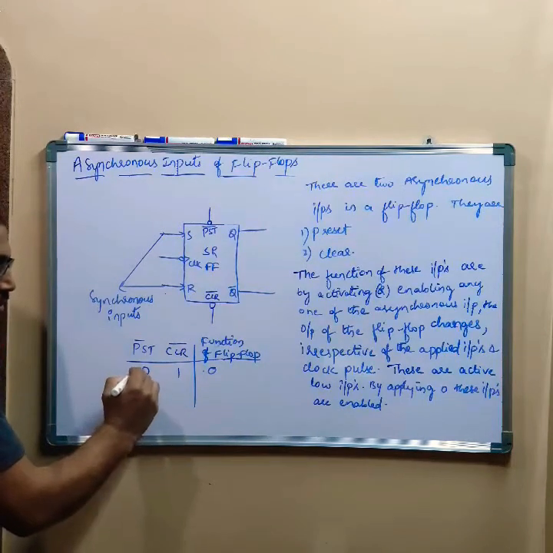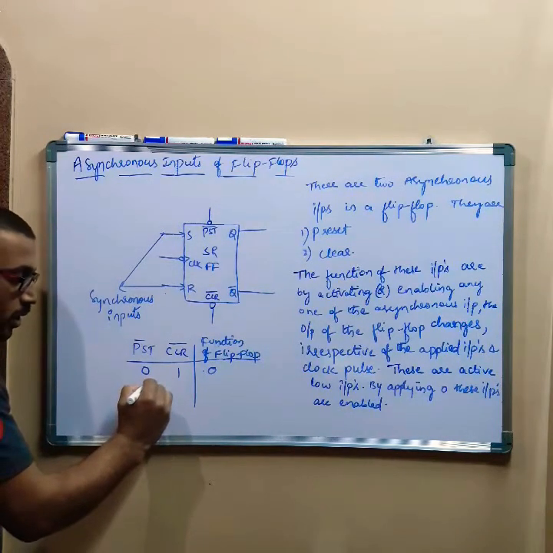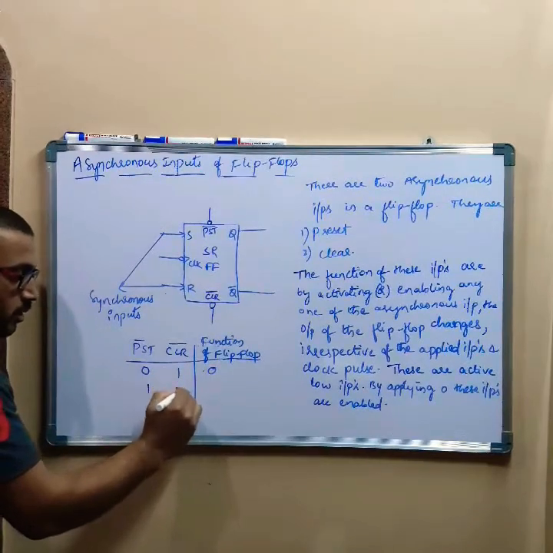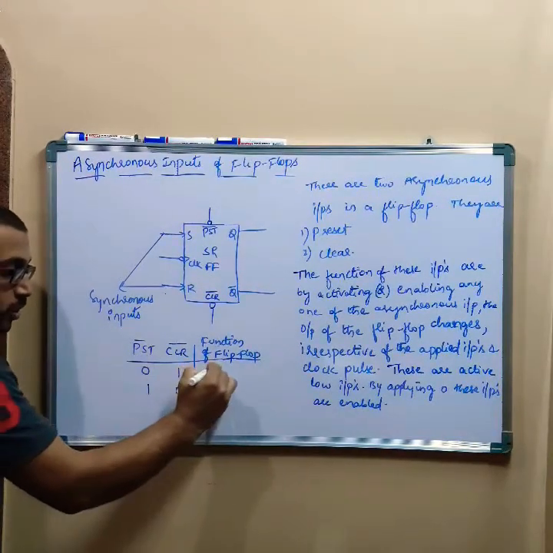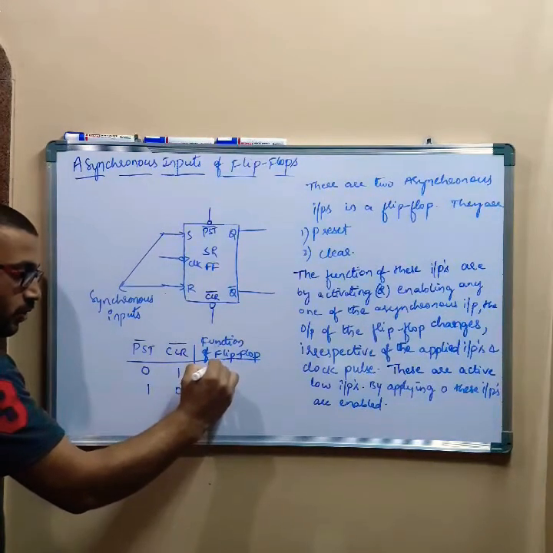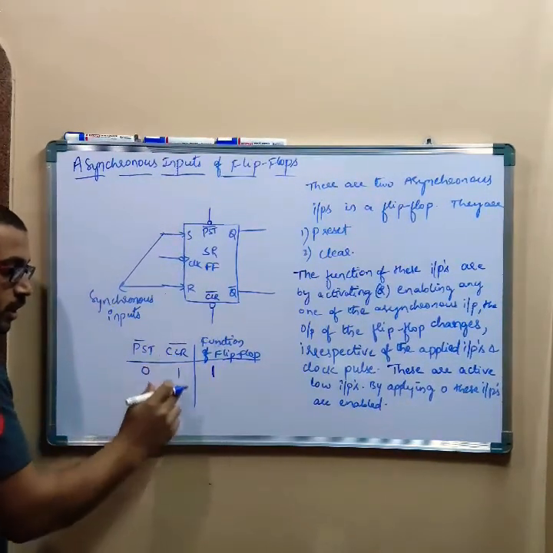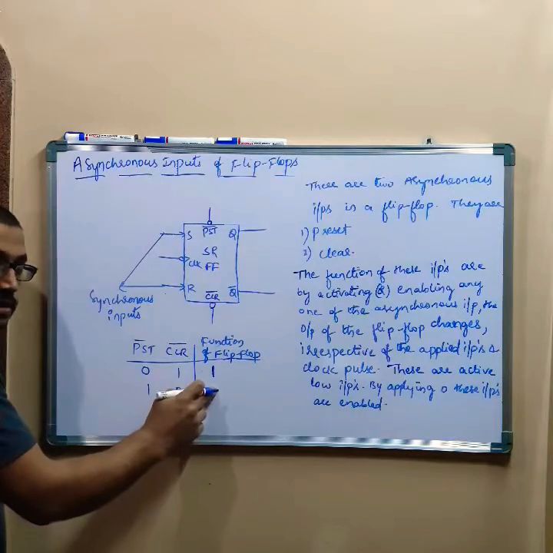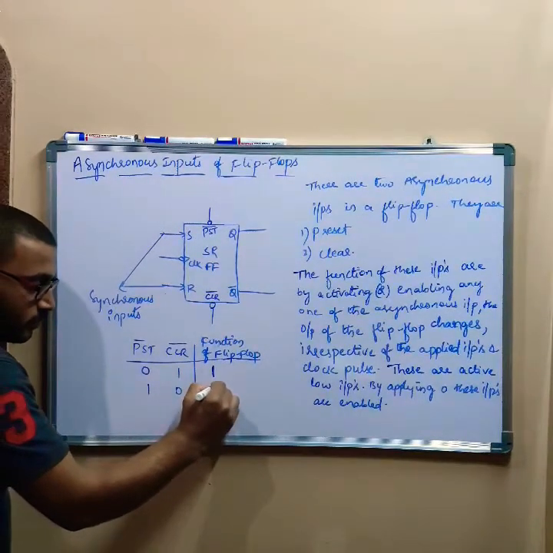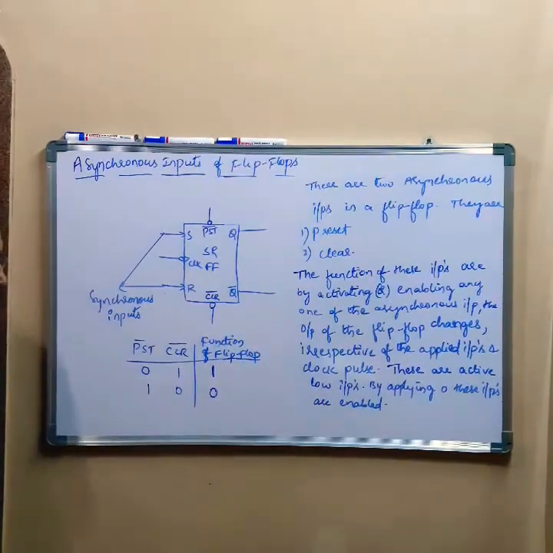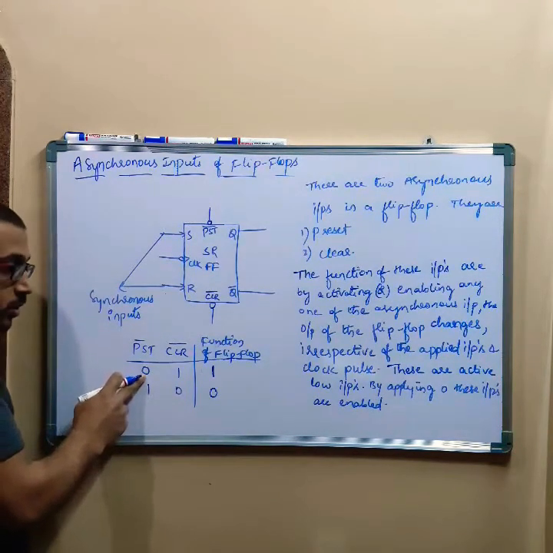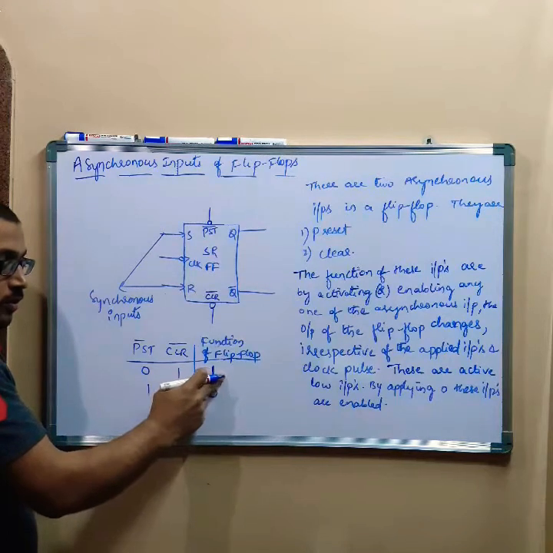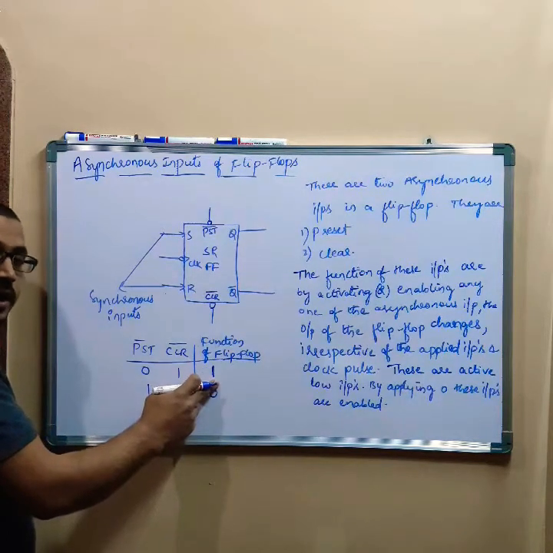Next, if you activate the preset input, the output of the flip-flop is continuously 1. Whenever you activate the preset input, the output of the flip-flop is continuously 1.